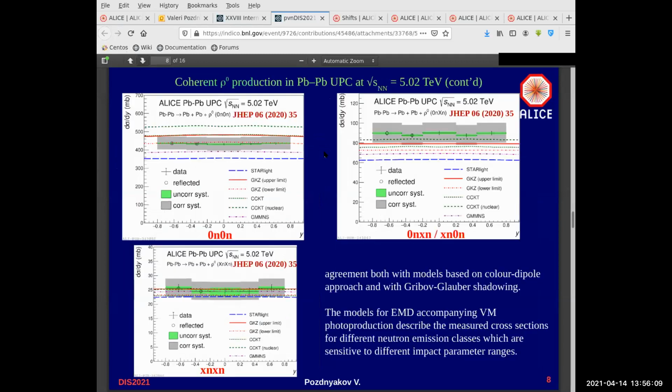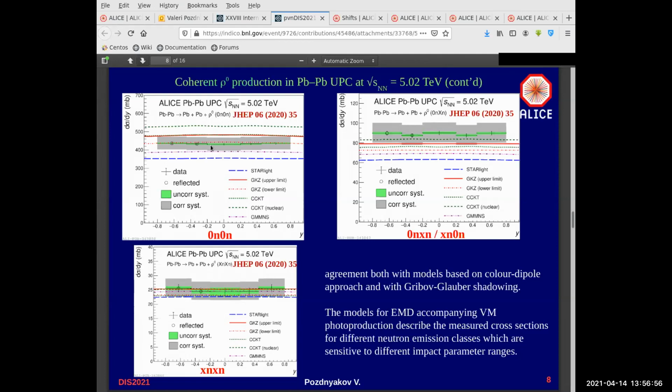So we split our sample into 3 different classes, for different neutron topologies. Namely, we have a large portion of the events without any neutrons in our detector. Then we have a sample with 1 neutron, with neutrons from one side and nothing from the other. And we also got a sizable data sample with neutrons detected on both sides of the ZDC.